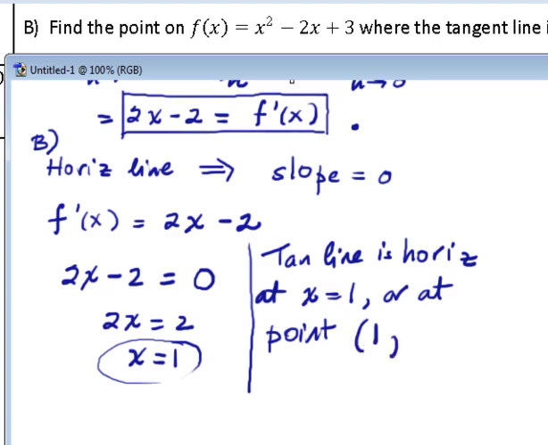We substitute back into the original function, x squared minus 2x plus 3. So that's 1 minus 2 plus 3, which is minus 1 plus 3, so that would be 2. The point is 1, 2.